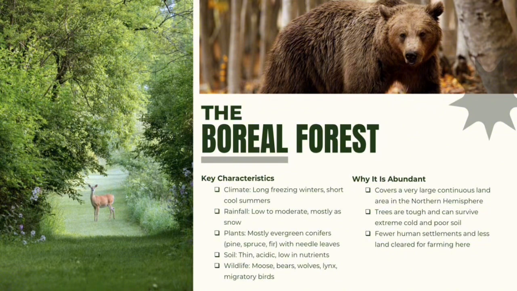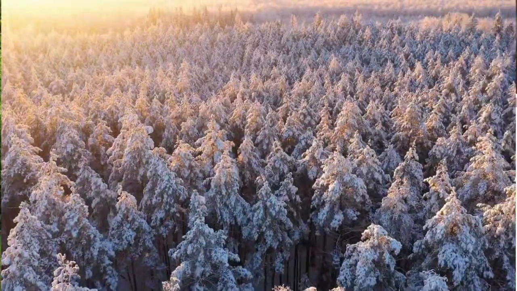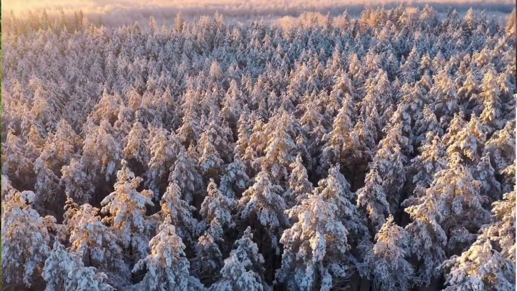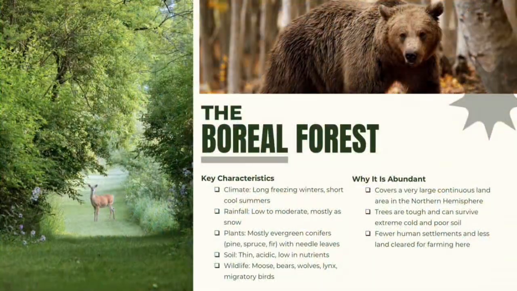Now let us find out more about its key characteristics. Let us begin with the climate. The winters can last 6 to 8 months in this forest, with temperatures dropping to negative 40 degrees Celsius or lower. Summers are only 1 to 3 months long, with mild highs of 10 to 20 degrees Celsius.